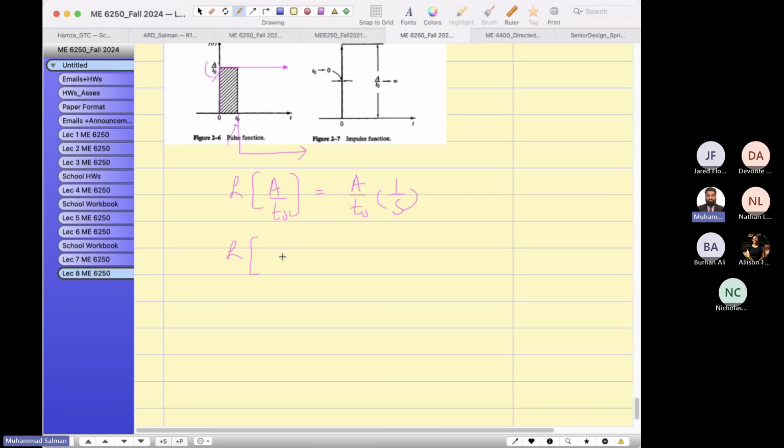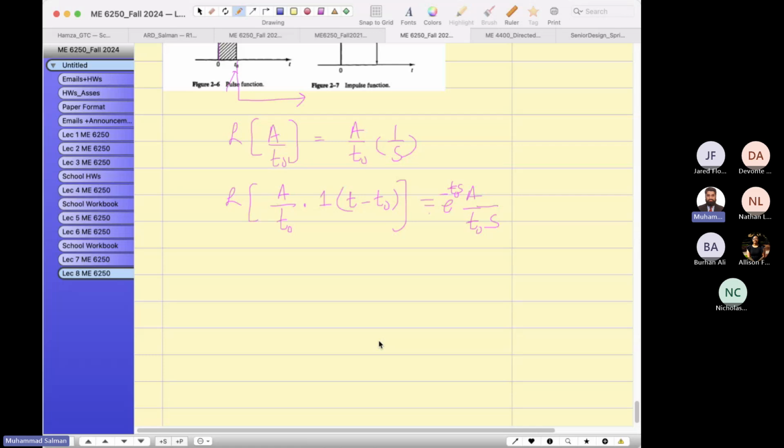So the Laplace transform of a over t0, which has been delayed by this function, you can write down as a over t0 s, and e to the negative t0 s.